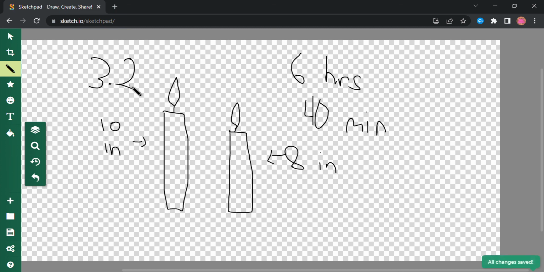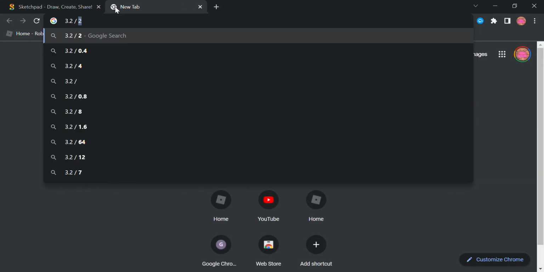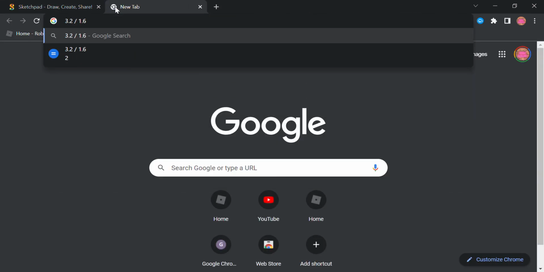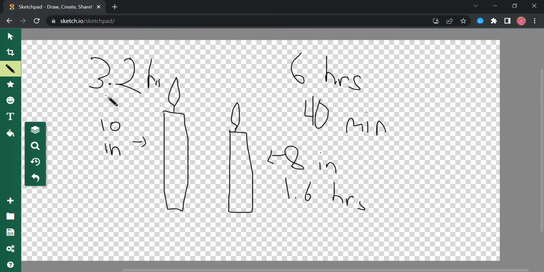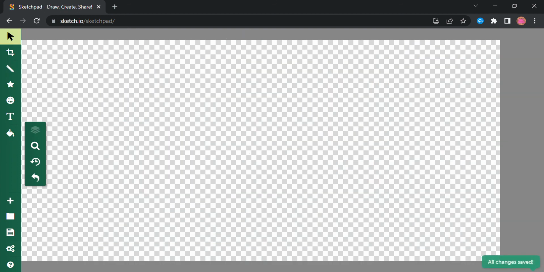This would have 3.2 hours left, and that much time, this would have 1.6 hours left. So 3.2 divided by 1.6 would equal 2. So that means this is 2 times less than this, which means this is half of that. So that's a pretty cool one again.